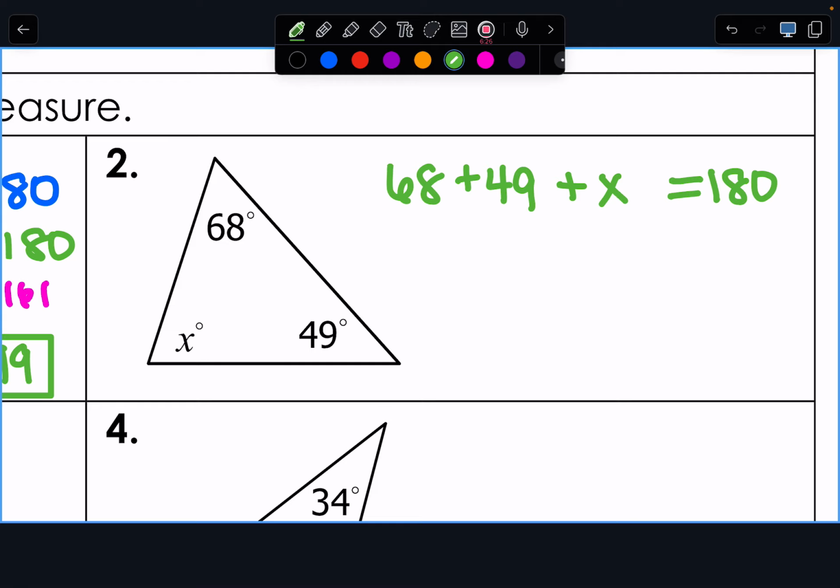If we take 68 plus 49, help me out, what is that? A 100 and what? 117.